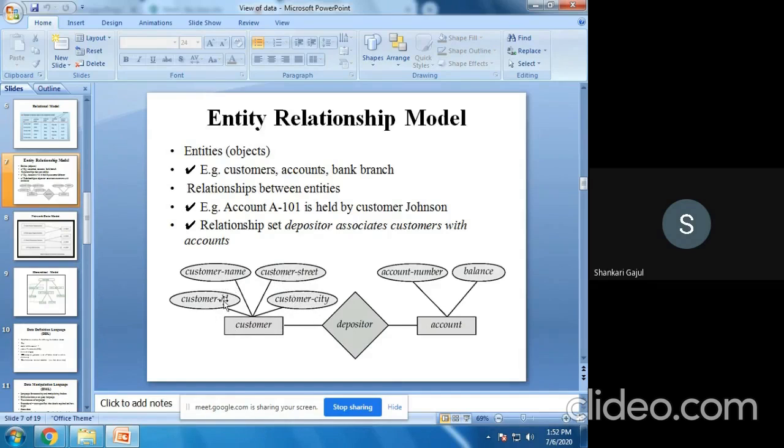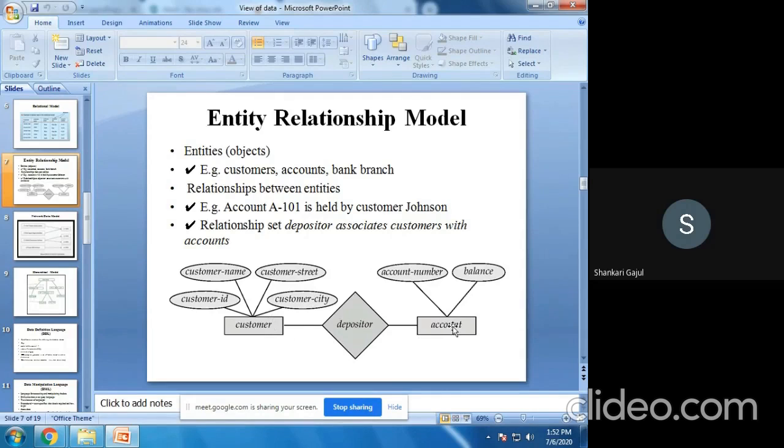These four column names are the attributes of this particular customer entity. Similarly, the account entity is another kind of object or thing. This object should be different from the customer, so that only then can I make the relationship between both of these objects.